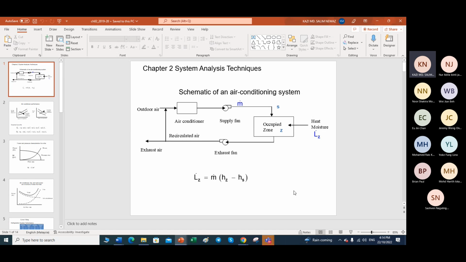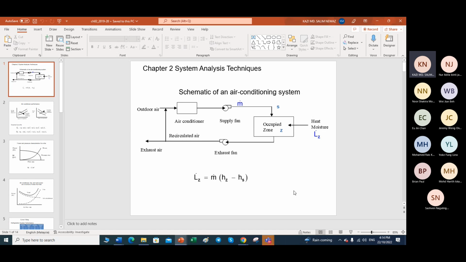Some percentage is discharged to the outdoor air, and from there it comes to the supply fan and then to the occupied zone, where the heat and moisture are considered, and accordingly the load is calculated. The heat and moisture considered there is denoted as LZ.